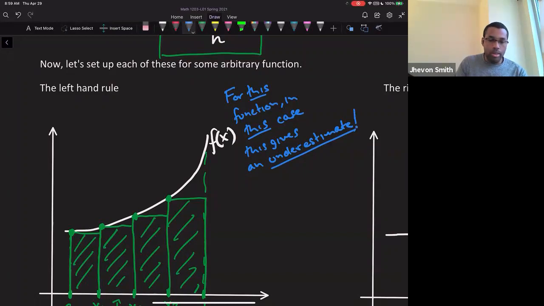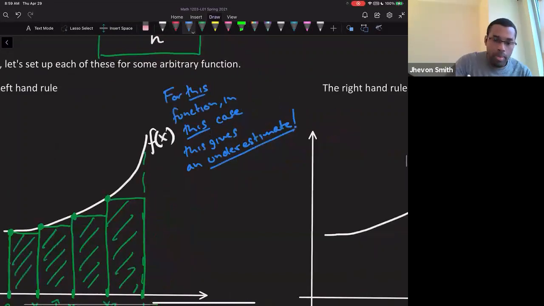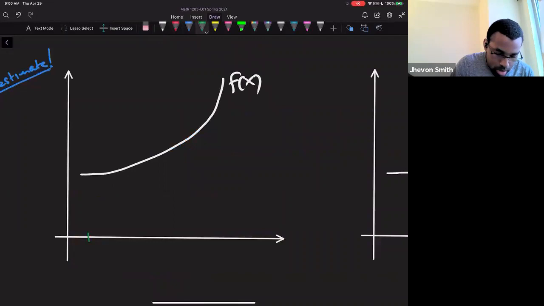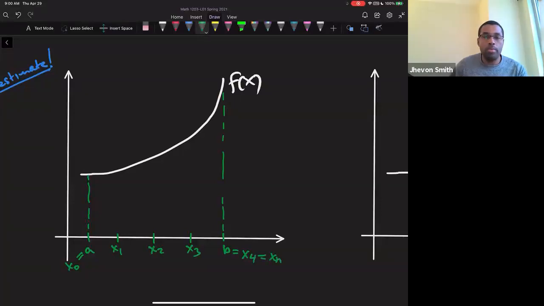Moving on to the right-hand rule, it's the same idea. You care about the interval between a and b, and you dissect that into subintervals: your x0, x1, x2, x3, and b is going to be your x4, which is your xn, where n is 4.